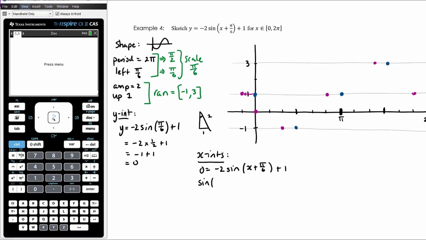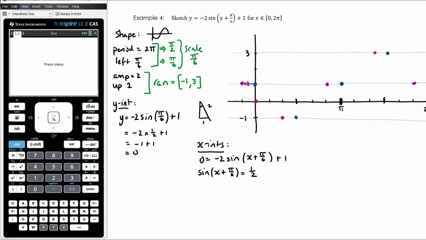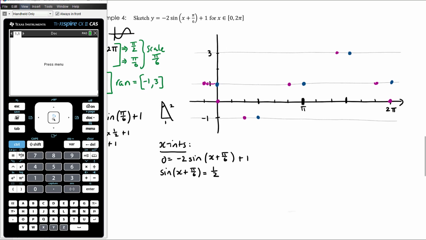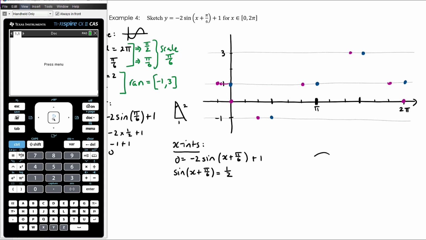So it's going to be sine of x plus pi on 6 equals positive half. Okay, we've got our exact value happening up there. We already know that sine's equal to a half when the angle is pi on 6. And we know sine is positive, so in terms of our unit circle, that's first and second quadrants. So solutions are to do with pi on 6 in the first and second quadrants.